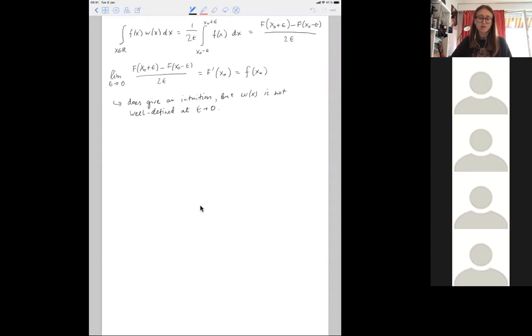Which also gives us actually, so this kind of fallacy also gives us the intuition of thinking about delta function as not a function of x, but rather as something that acts on a function f of x. So it's kind of delta of x minus x0 acts on f of x.